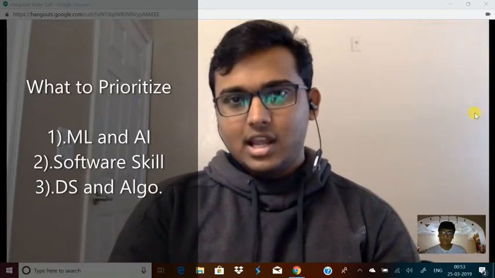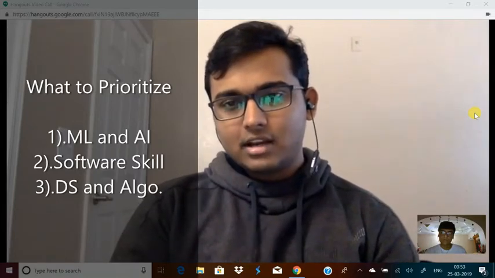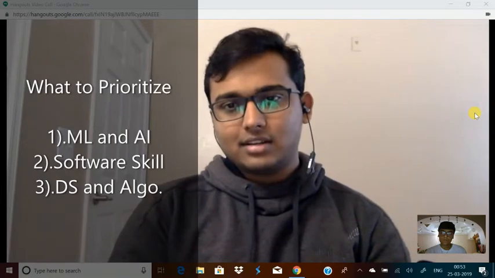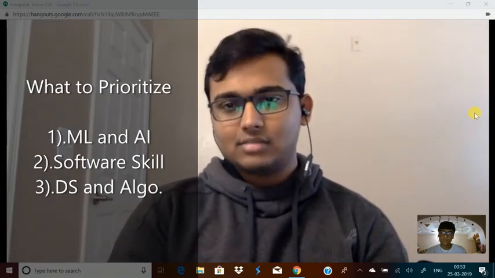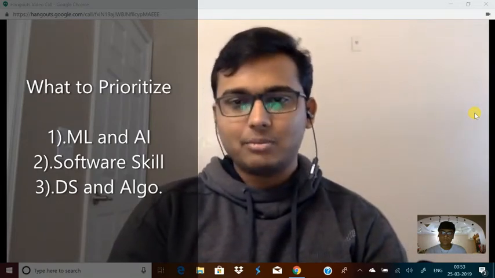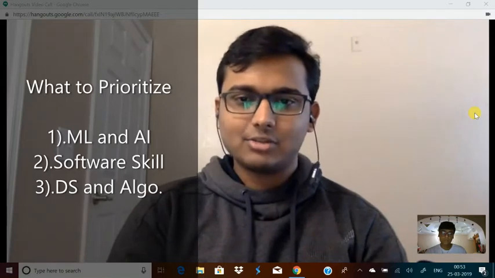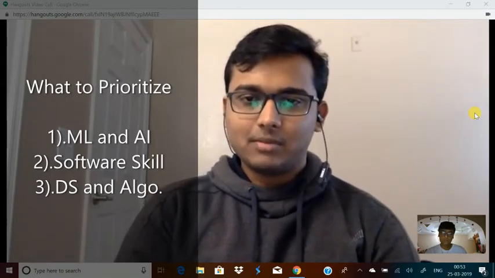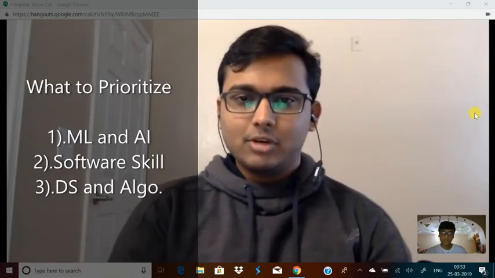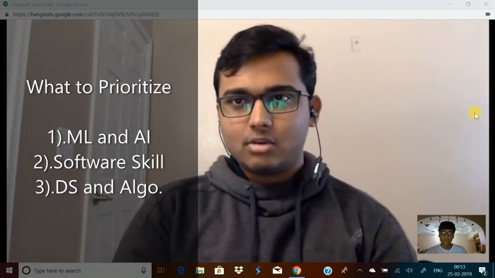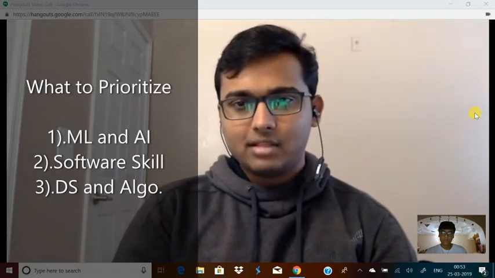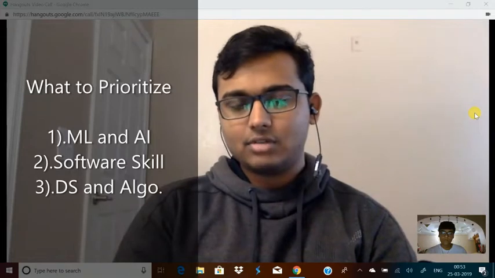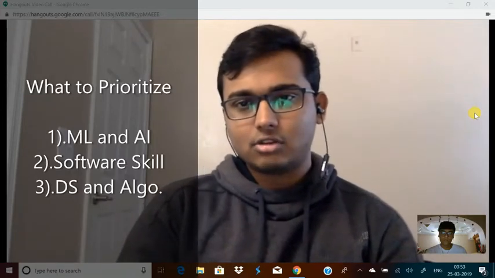And when we come to in depth, data structures and algorithms are the fundamentals of how a computer works, of how we store data and how we solve a problem. Before even solving a problem and thinking about how we would do it with ML, think about how we would do it with a normal software engineering approach.